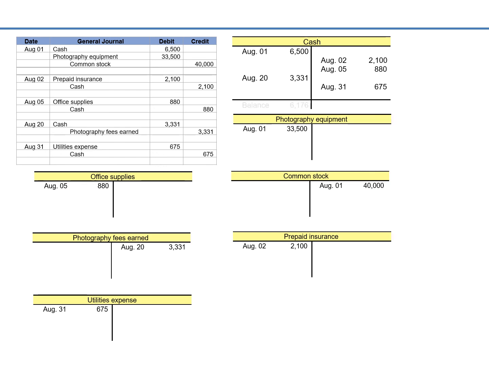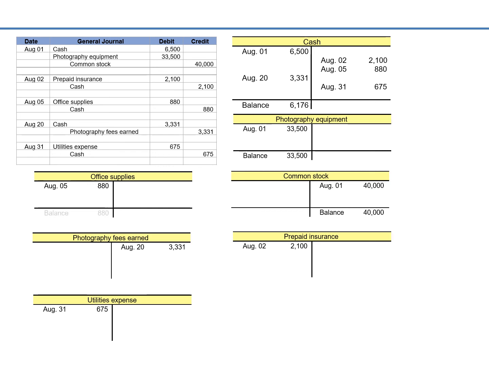Then we can sum up the debits less the credits. So we have a balance in cash of $6,176. Sum up our debits less our credits in photography equipment. Leaves us with a debit or a normal balance of $33,500. Sum up our common stock, credit balance of $40. Sum up our office supplies, debit balance of $880.